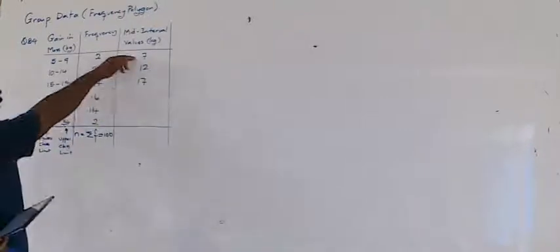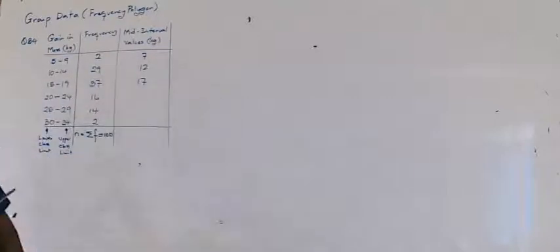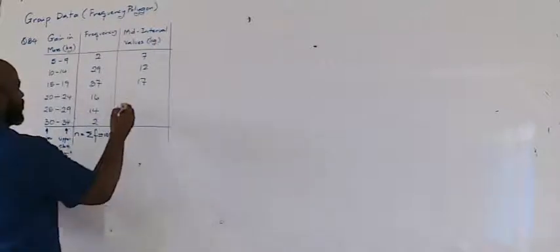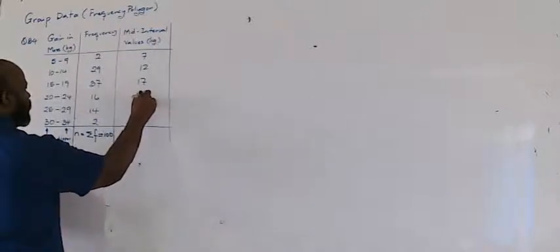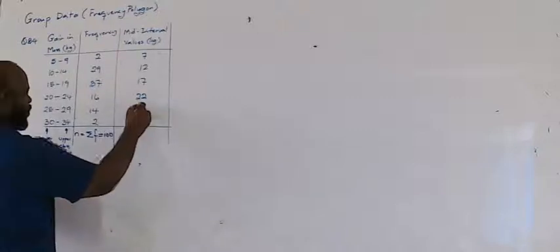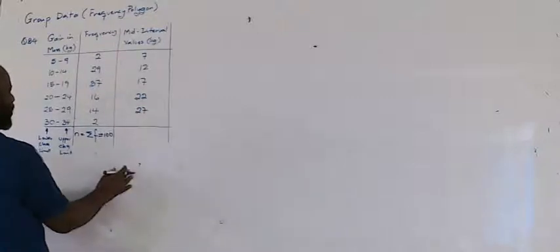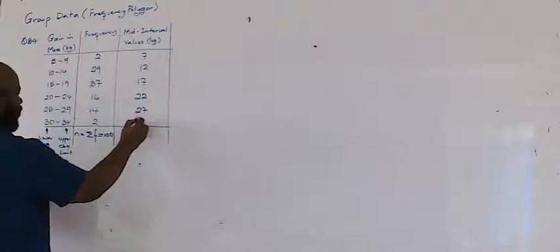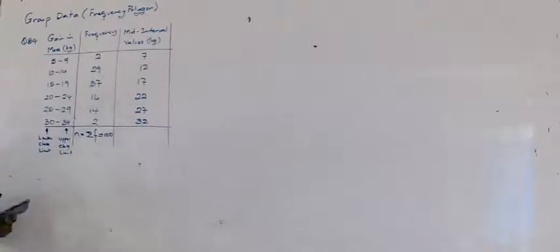It is going up by 5. So the next one would be 22. The next one after that would be 27. The next one after that would be 32. Ladies and gentlemen, the mid-interval value goes up by a fixed amount.